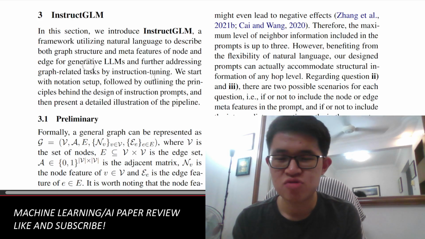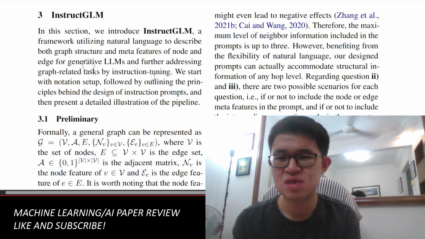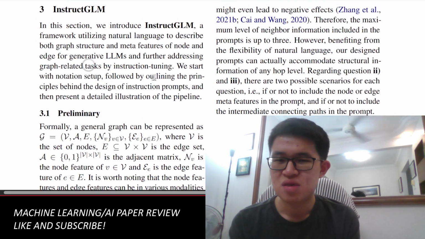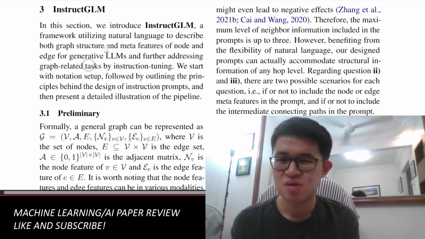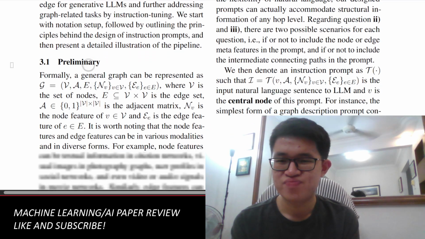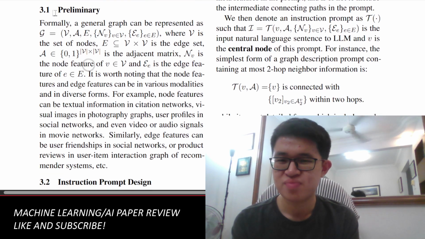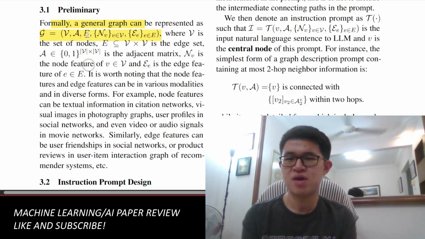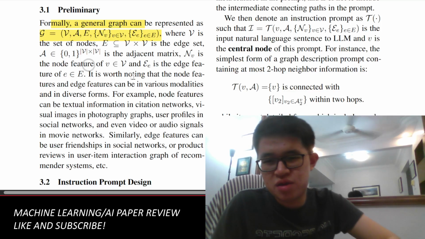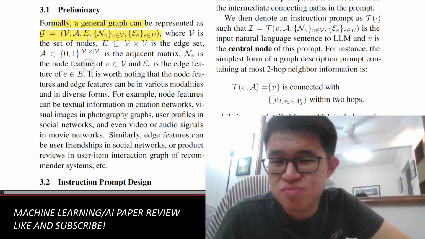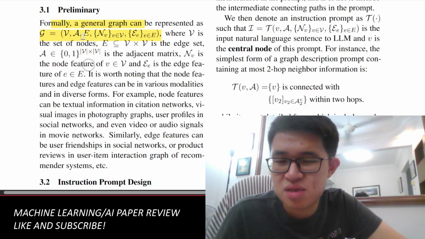So we introduce InstructGLM, a framework utilizing natural language to describe the graph topology and the features of the nodes and edges for the LLMs. Now, starting off with a graph. A graph can be defined as this mathematical tuple right here: nodes, adjacency matrix, the edge set, and then you have the node feature and the edge feature.